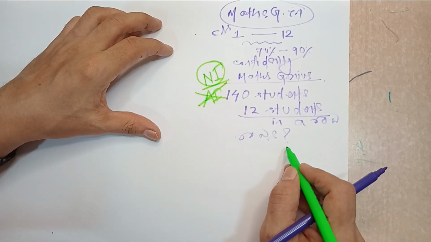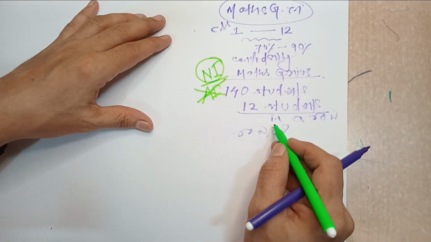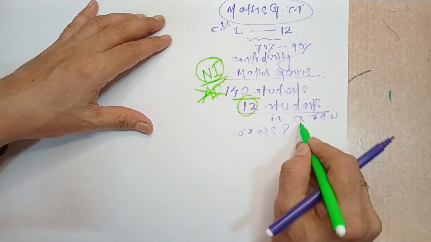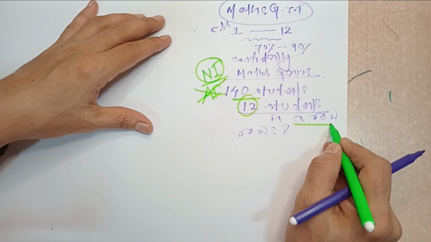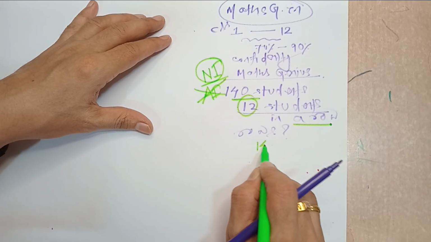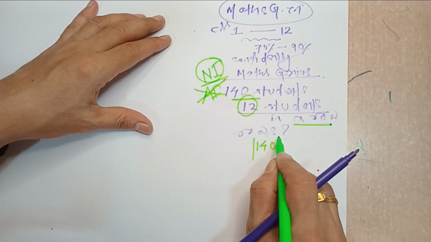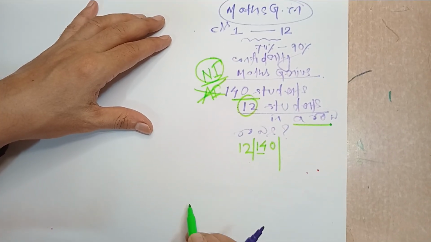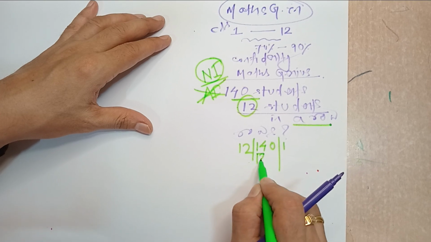Let's check it out. So simple things. 140 students and 12 students per row. So how many rows? Now 140 students divided by 12 students per row. So we'll be making a division. 12 ones are 12.